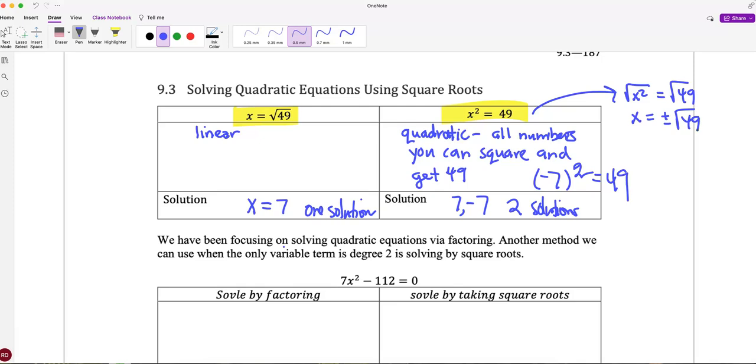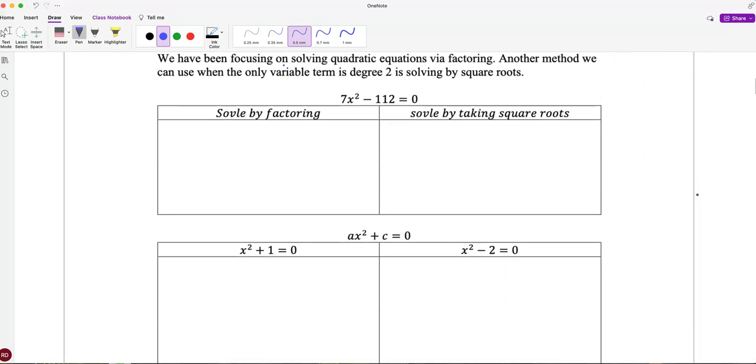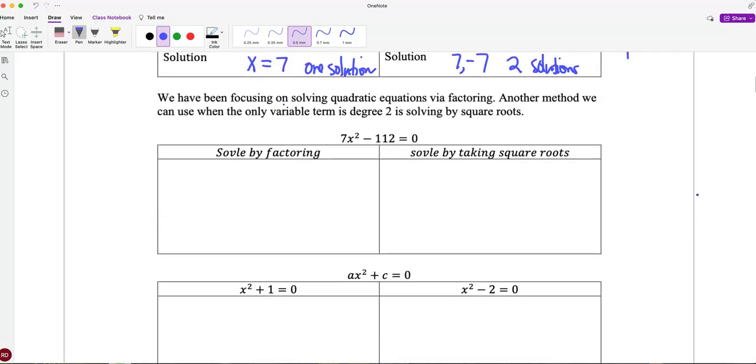The square root of x squared is the absolute value of x, which is a little bit complicated, but just keep in mind, anytime you're taking the square root of a variable squared, you're going to get two answers here. Most people would just go from this statement to say x is plus or minus the square root of 49, x equals plus or minus 7. Okay? So keep in mind with a quadratic, you're going to have two solutions.